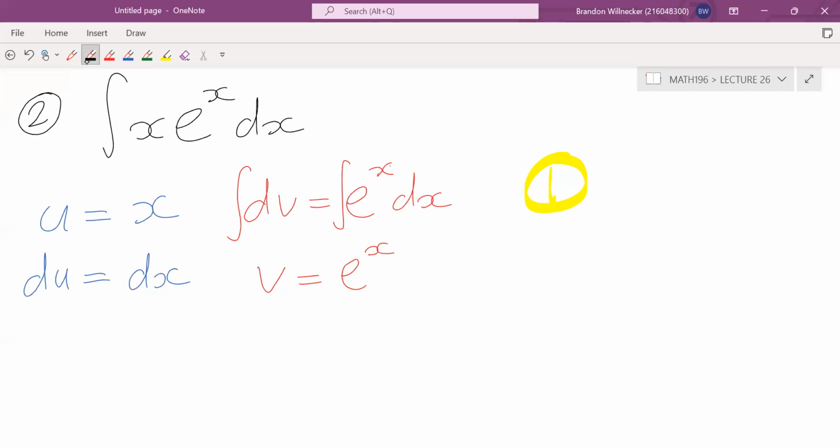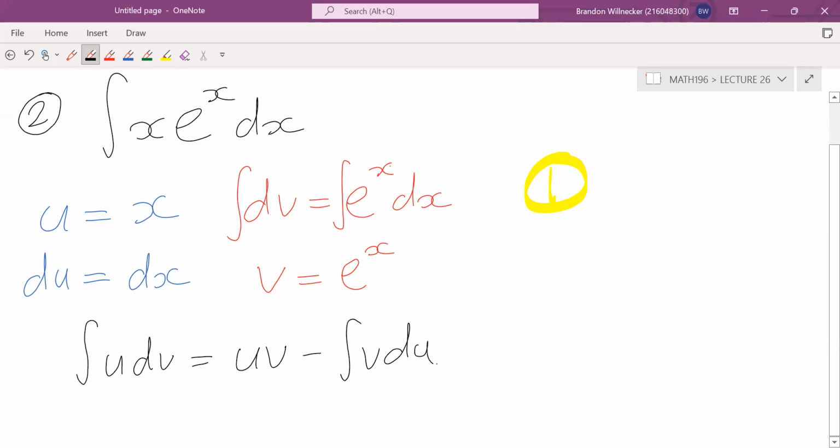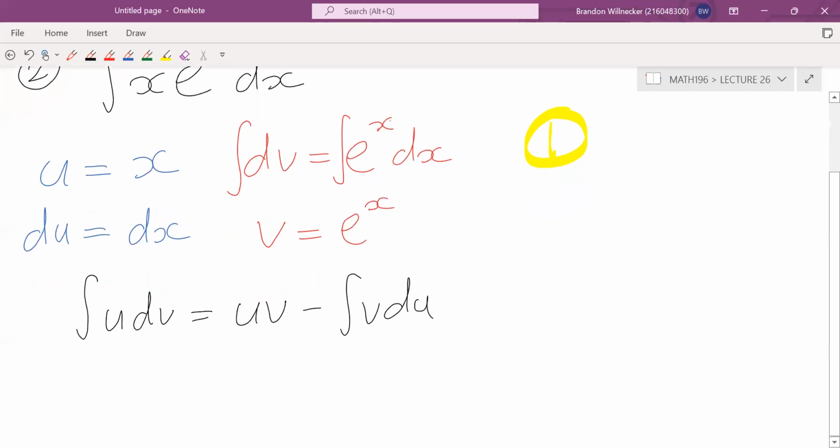Okay, so that's step 2 done. Next, we need to substitute into our formula. So remember what the formula was. The integral u dv is equal to uv minus the integral v du. Okay, so let's substitute everything in. So u was x, dv is e to the x dx.